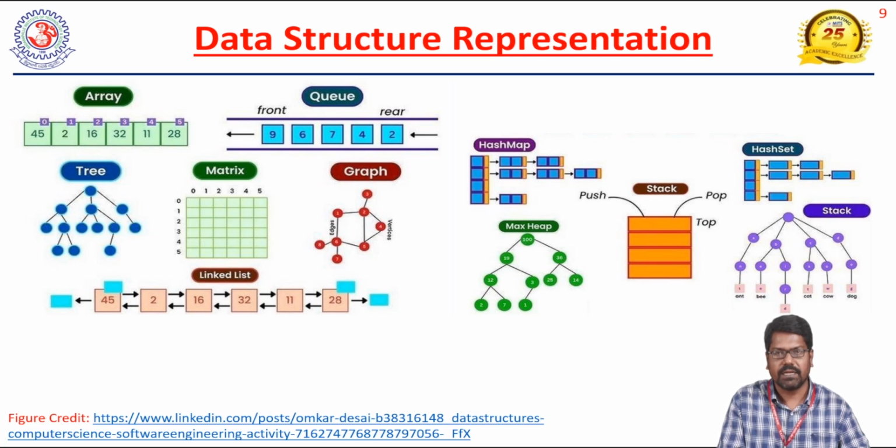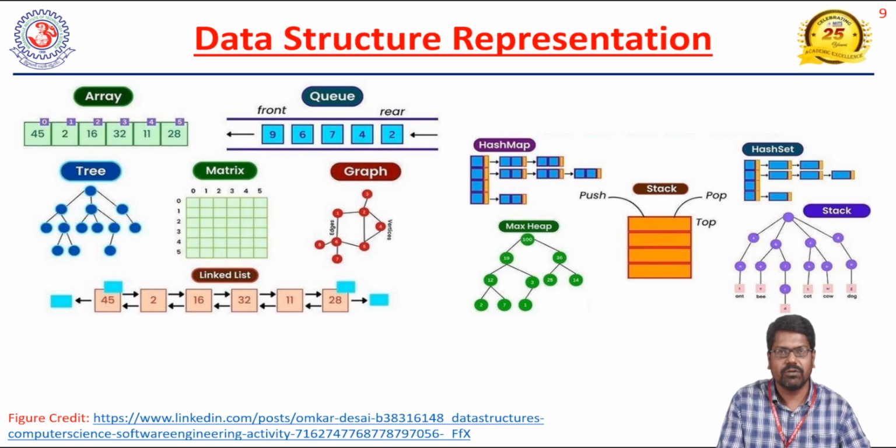So top can take 0 or -1, and at the time of writing the push operation or pop operation, we have to rearrange the program instructions and write our logic based on that. Okay, that's all about the stack data structure.